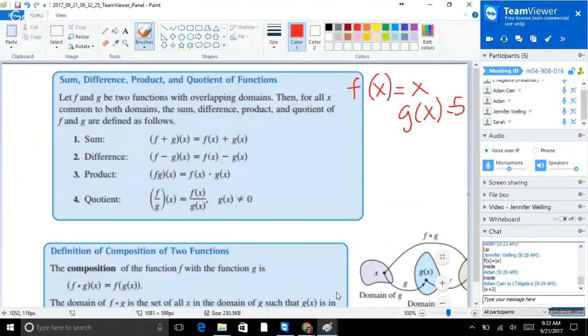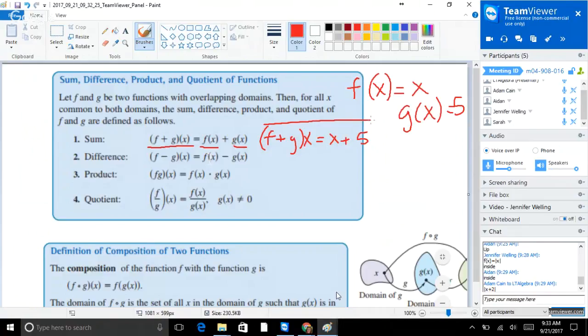All right, so if I wanted to find f plus g of x, that simply means that I'm going to add f of x plus g of x. So what that practically means is I'm going to add f of x, which is x, plus g of x, which is 5.